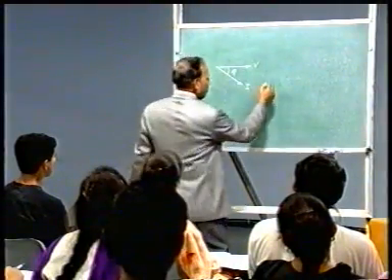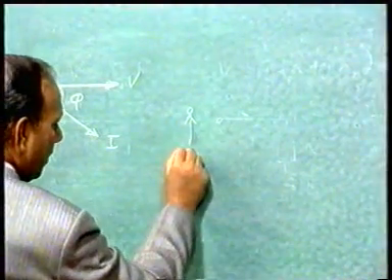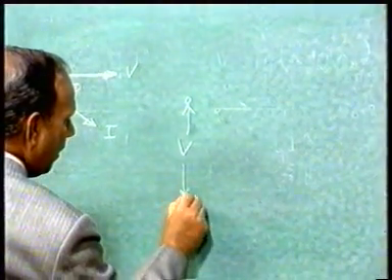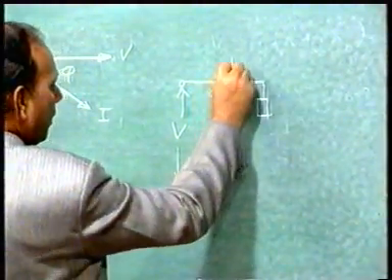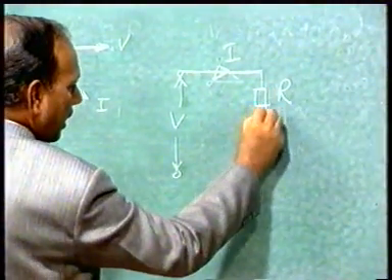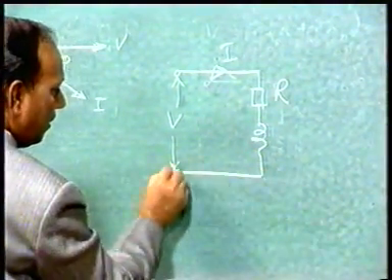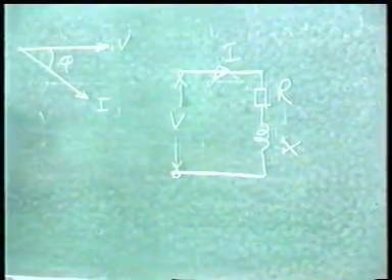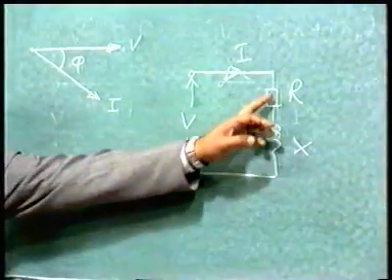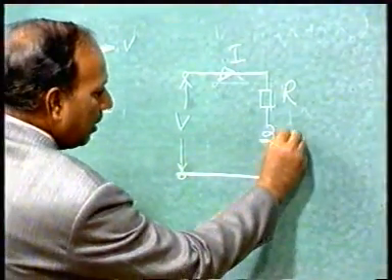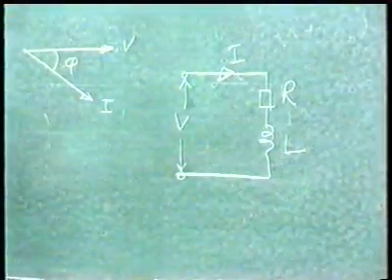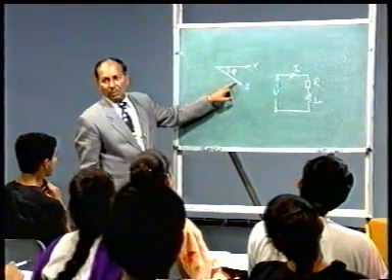Yes. So, a voltage V is here and current I is flowing through a resistance R and an inductance L. Since it is an RL circuit, the current will lag the voltage by a certain angle.